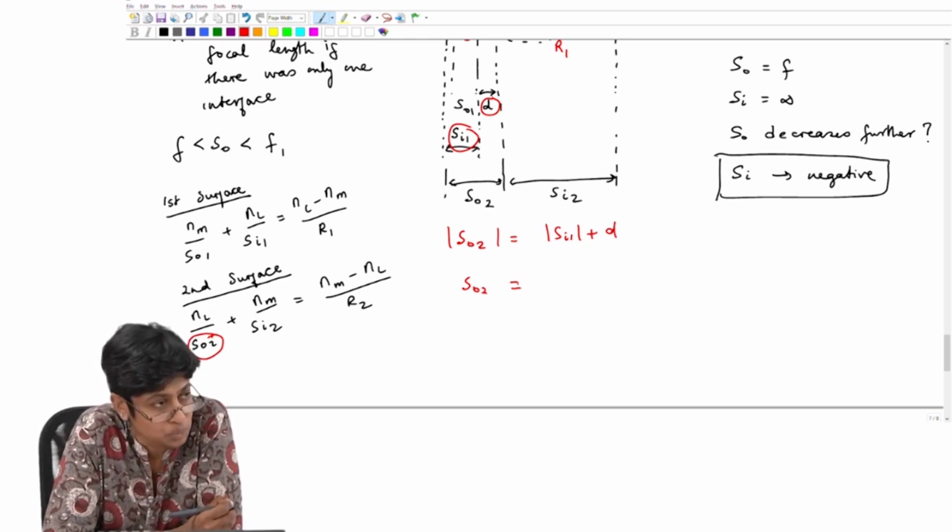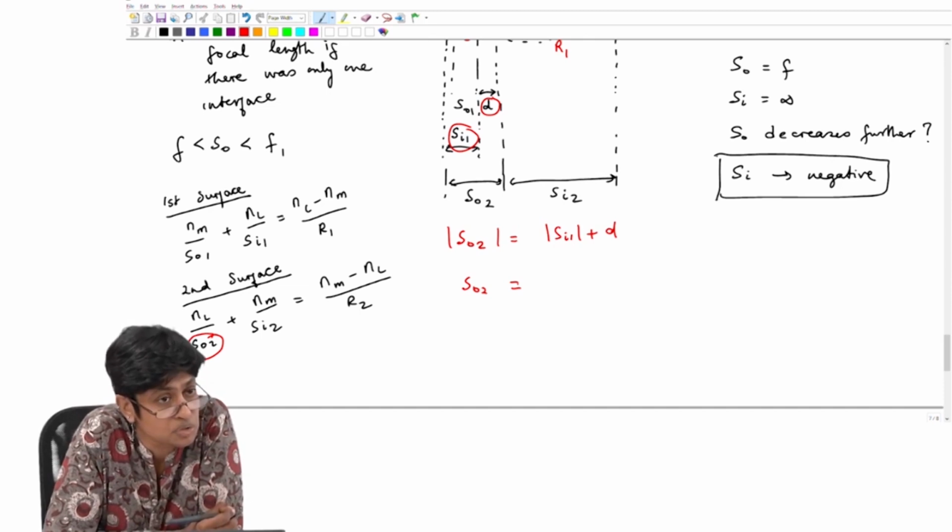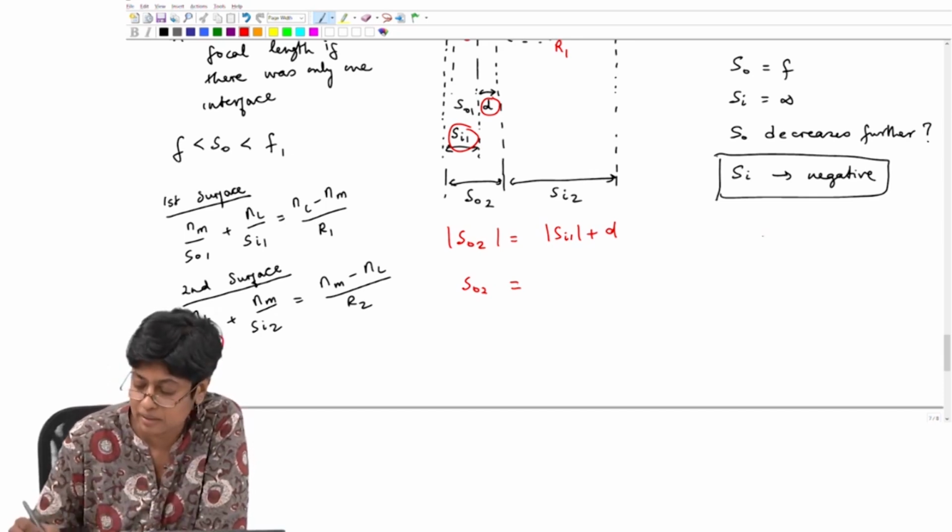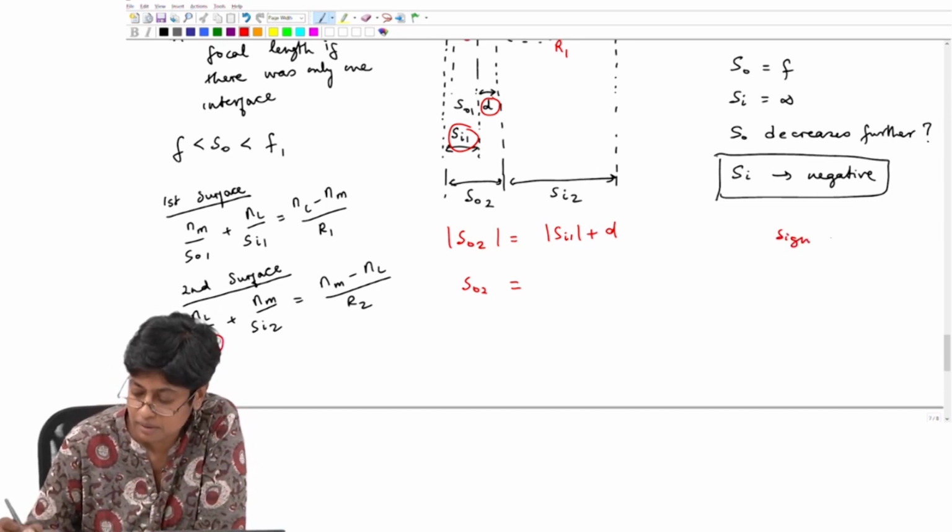But S_i2 is an image distance, and in this particular case it also lies to the left of the lens, so by the sign convention this is going to be negative.